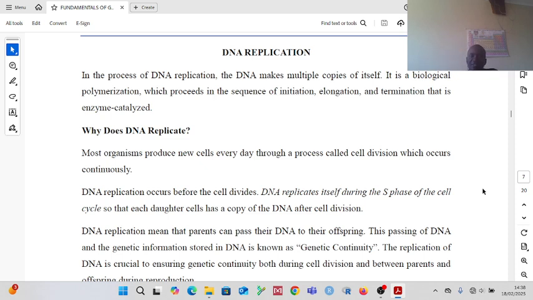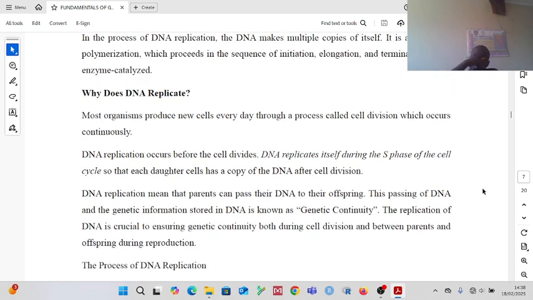You have initiation, elongation, and termination. But this process is catalyzed by enzymes. So maybe even before we get deeper into the DNA replication process, we just try to understand why DNA needs to replicate.